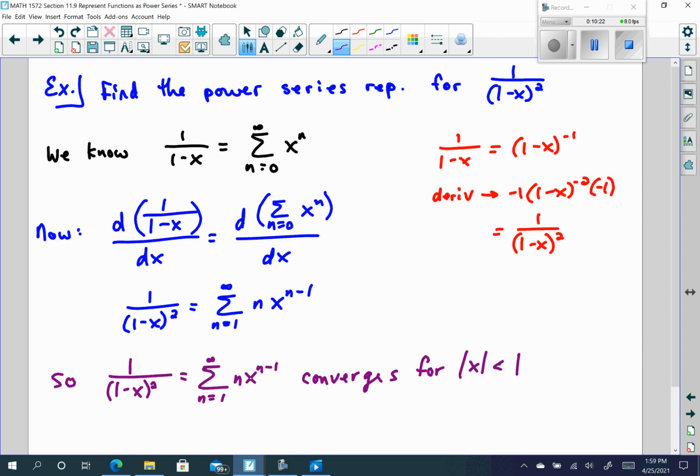Because we don't have, think of the quantity x minus a. In this case, a would be 0, so it would just be this absolute value of x is less than 1. And if we were to be asked this, the radius of convergence would just be 1.